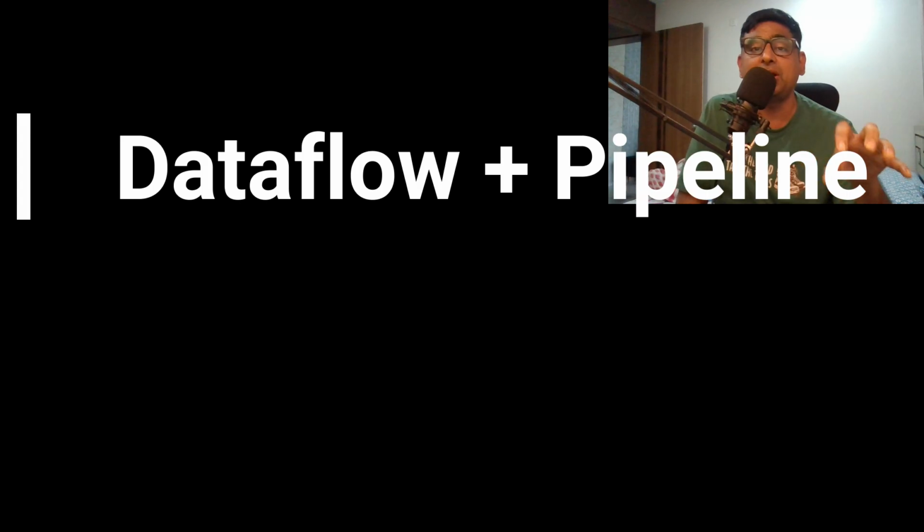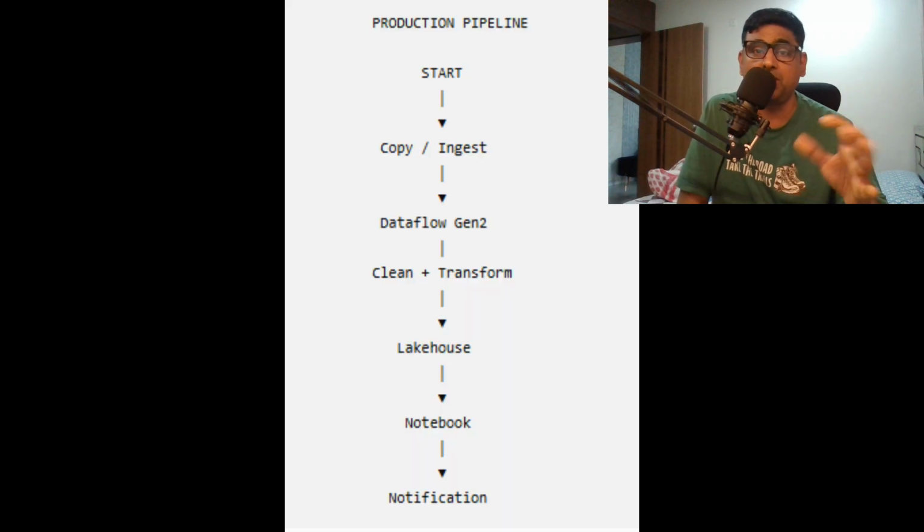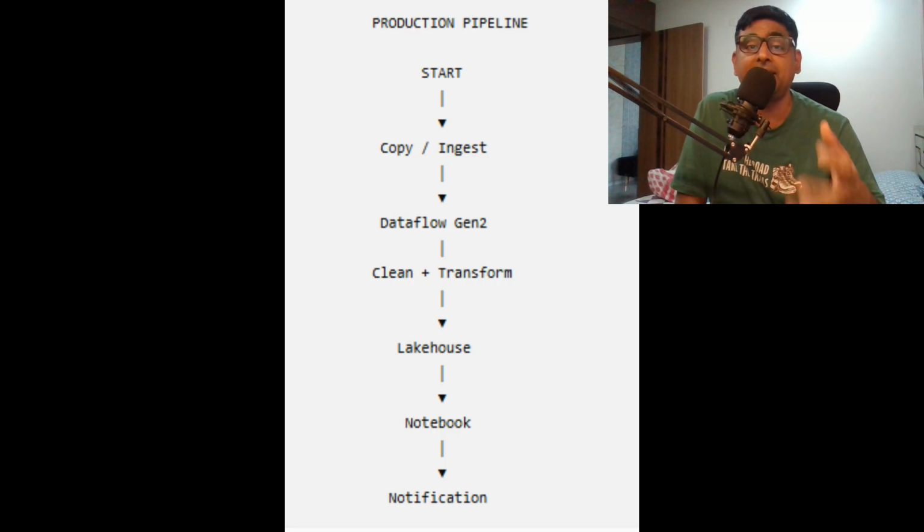So what you will do, you have a dataflow and then you have a pipeline, and that's where you build an automated process. Now imagine I am building this in a real production environment. I don't want somebody sitting at a desk every morning and saying, hey Ravi, can you run the dataflow? No. So I will create a pipeline. Inside my pipeline I can add my dataflow activity.